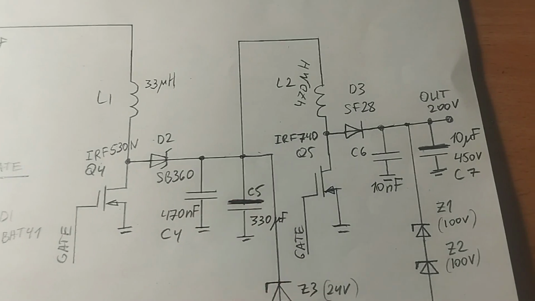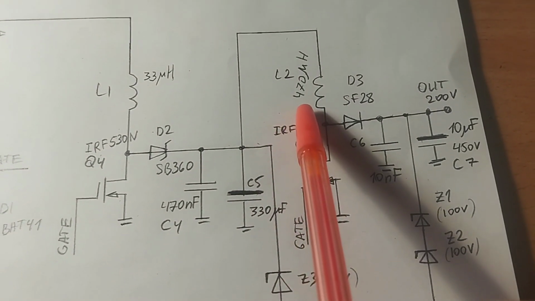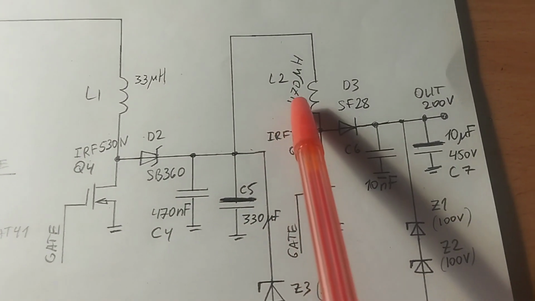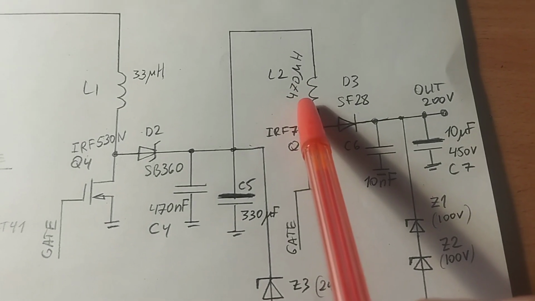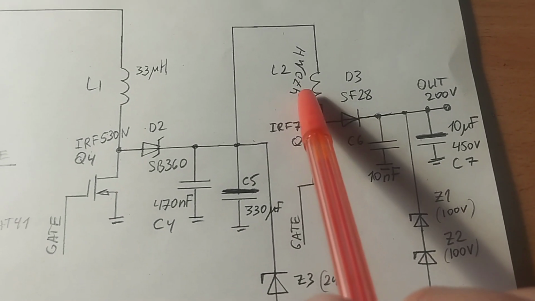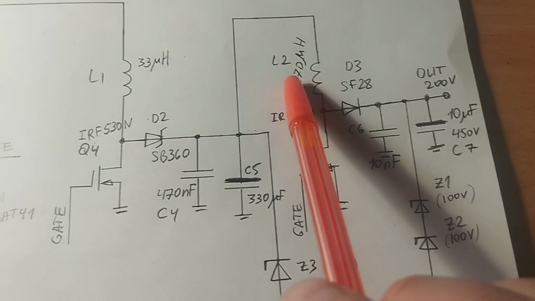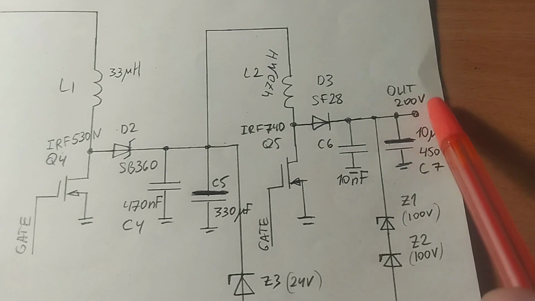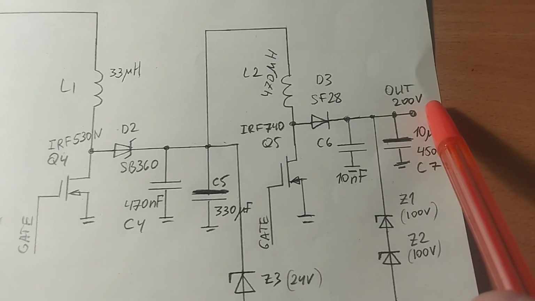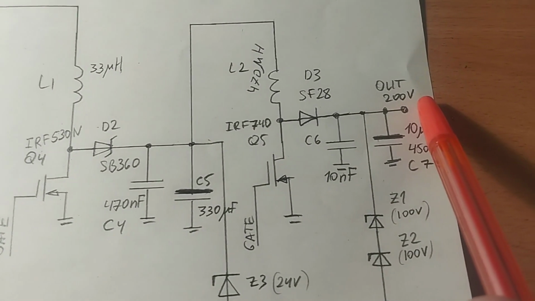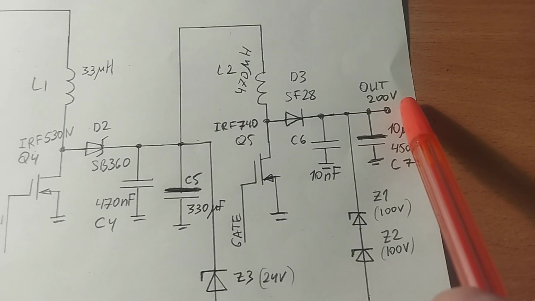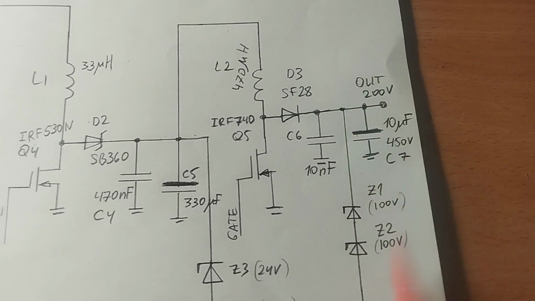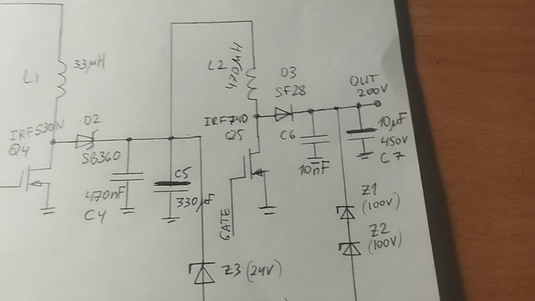These coils determine the maximum output power. When the inductance is too high, the output power will be low.